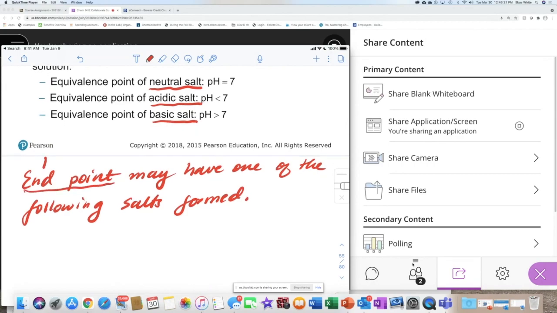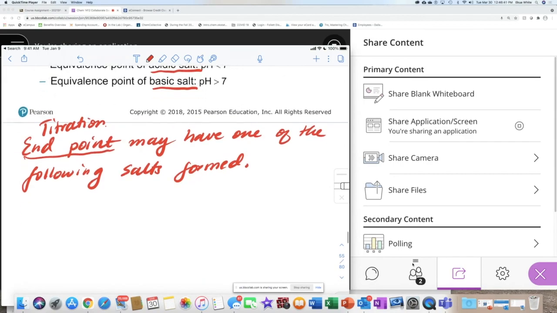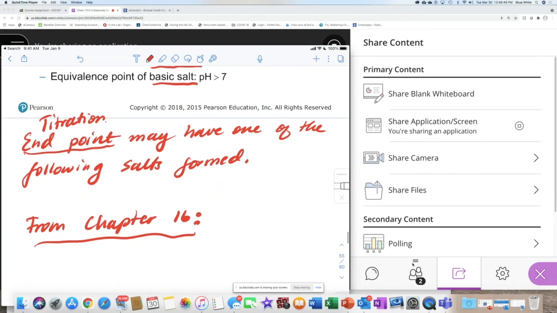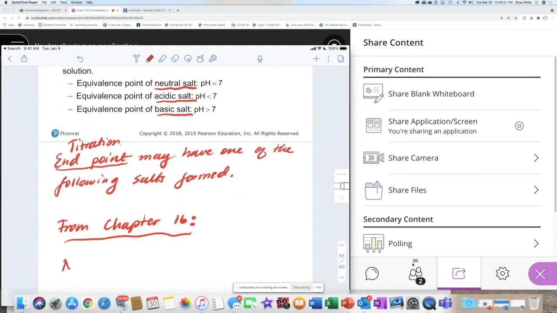Of course, the context here is titration, right? So once you get to the endpoint, one of the following salts may be formed. So in looking at your salt, you want to be able to work backwards. From chapter 16, we learned how to get a neutral salt.